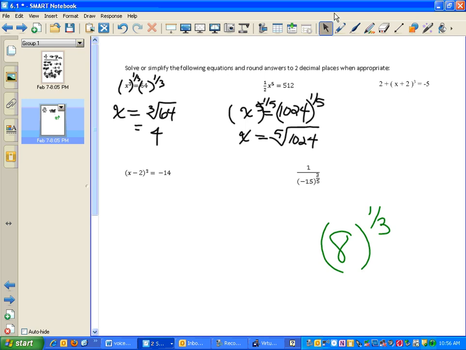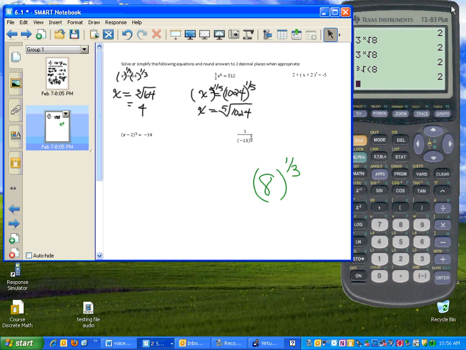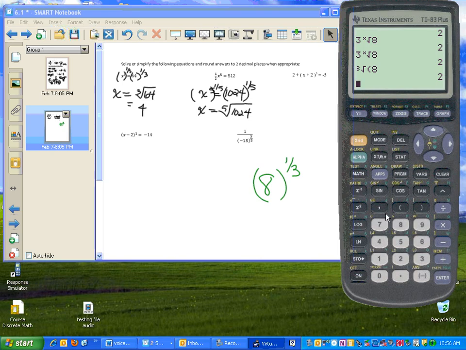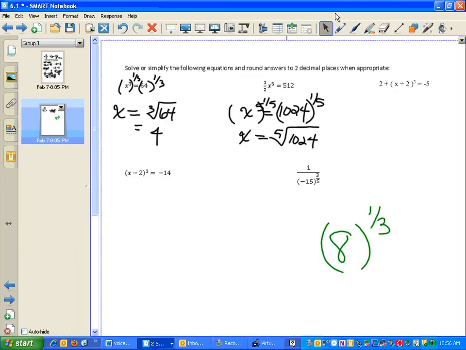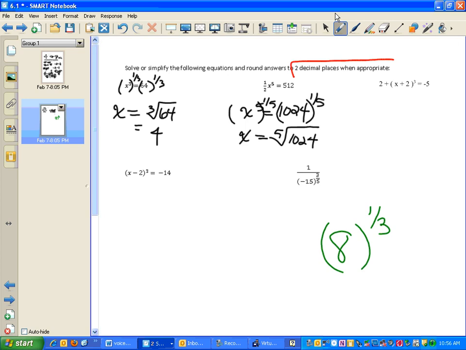So let's go to our calculator. And we're going to go to 5, math, 5, because that puts that 5 into the fifth root, and then we're going to hit 1024, and that's the nice even number of 4. No, because notice I said 2 decimals when appropriate.